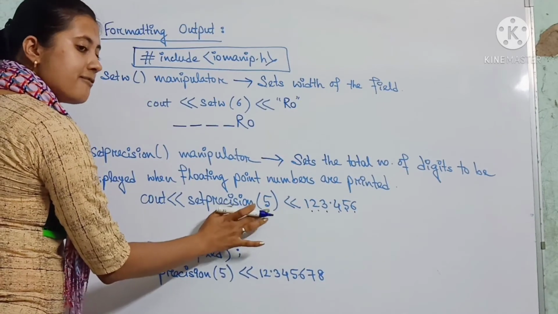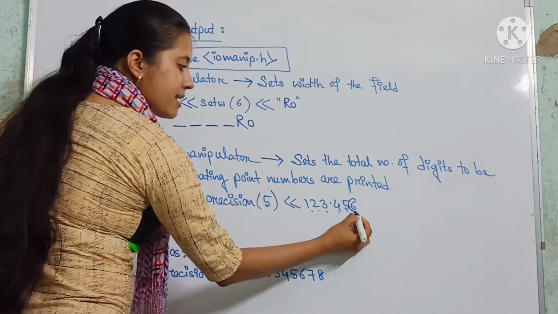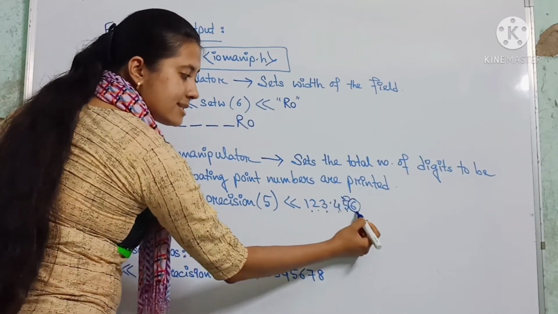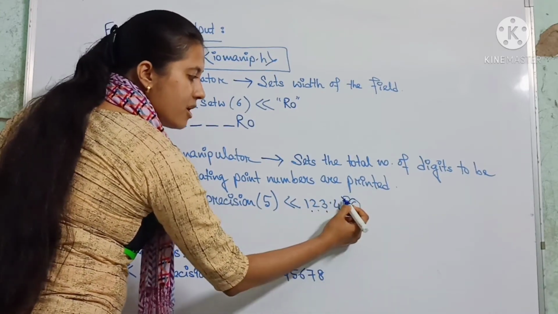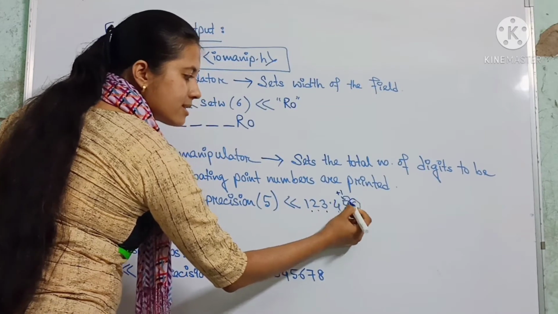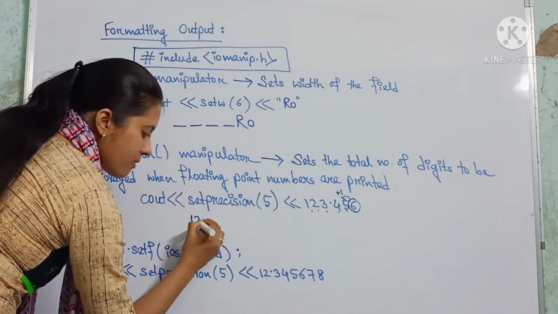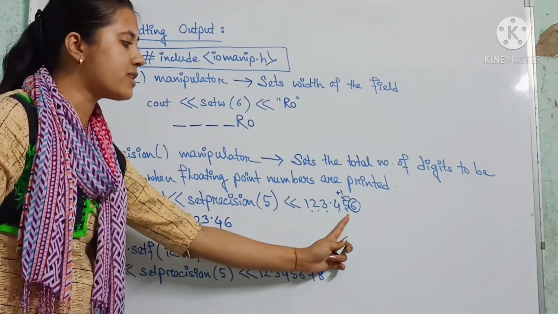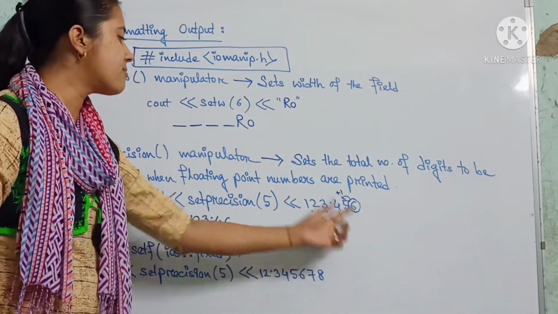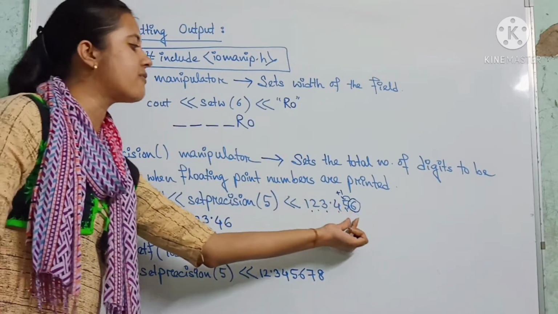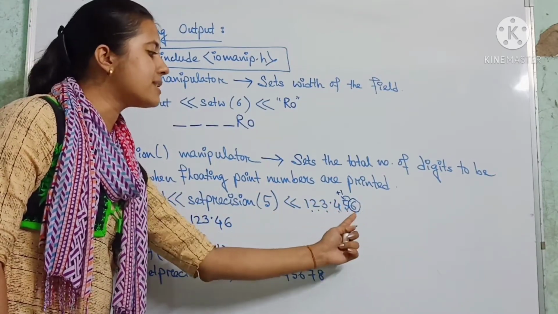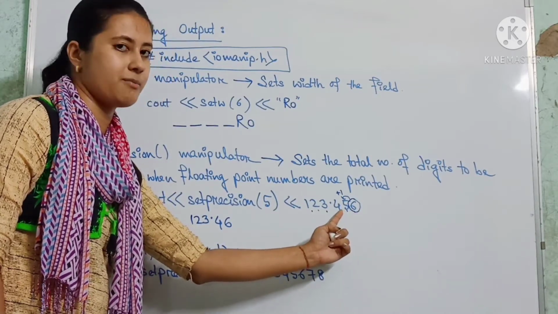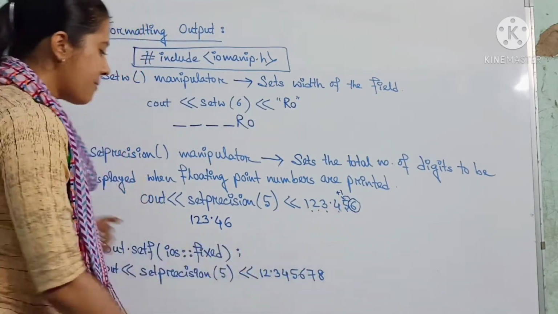But we have written 5 digits, so this will be rounded off. Since this digit is more than 5, 1 will be added to this place. So what will be the output? 123.46. This is because of the rounding off. Always remember that when there is setprecision, there will be rounding off. If the number is greater than 5, then 1 will be added. If the number is less than 5, then nothing will be added and it will remain the same.